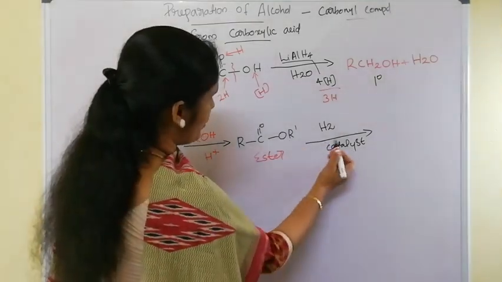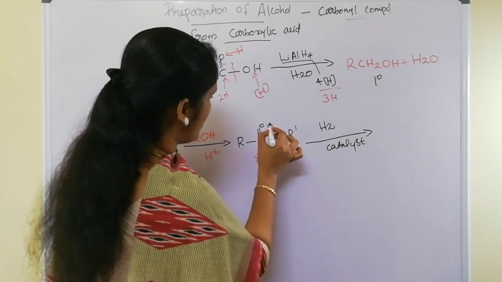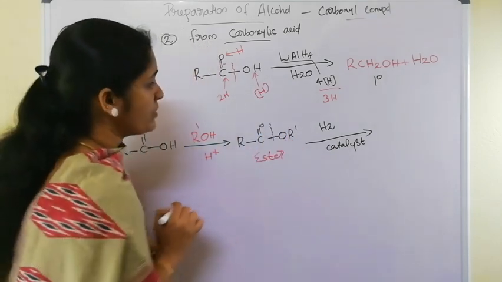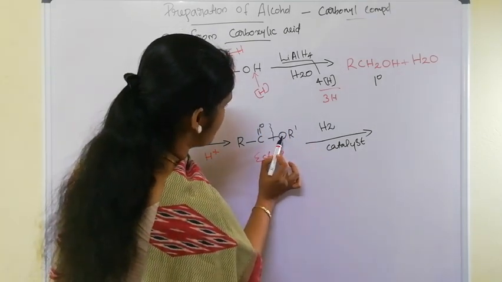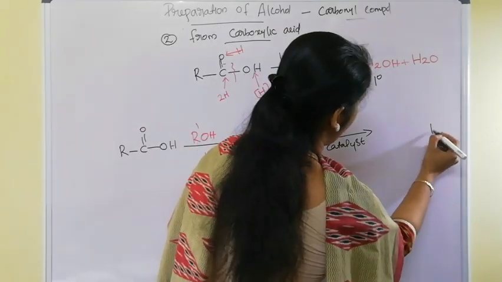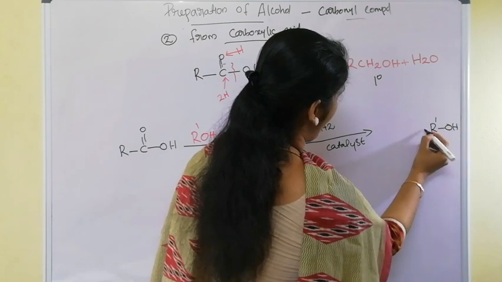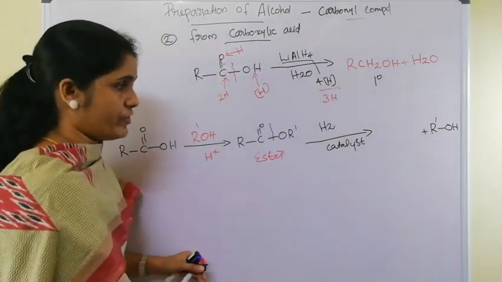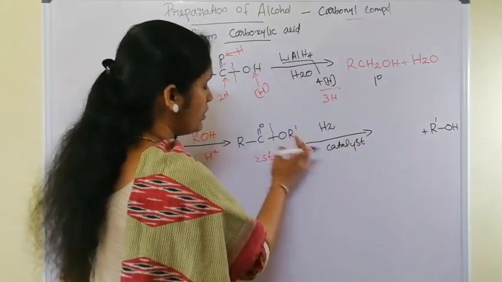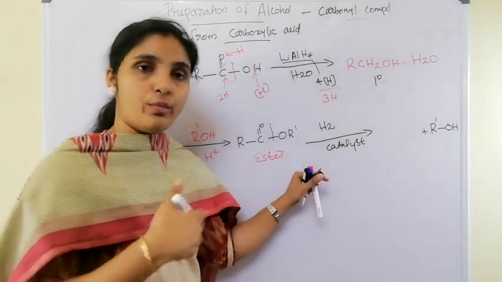From ester on hydrogenation in the presence of this catalyst, this bond will break down and one of the hydrogens is taken by this oxygen, and first we will get R dash OH. R dash OH will be obtained first because this is ester on hydrogenation followed by hydrolysis.